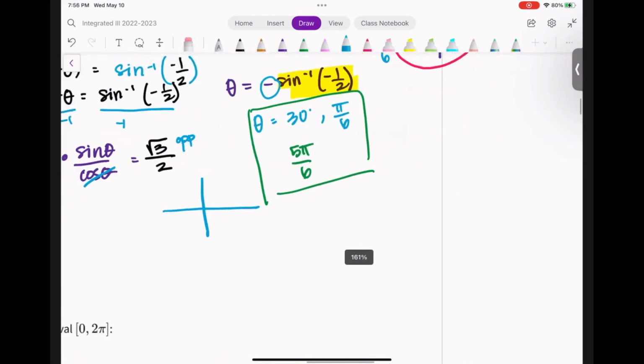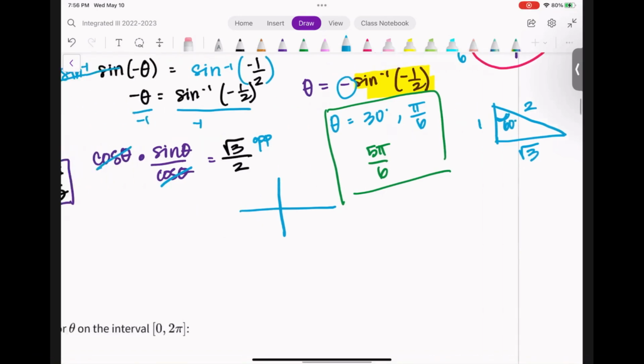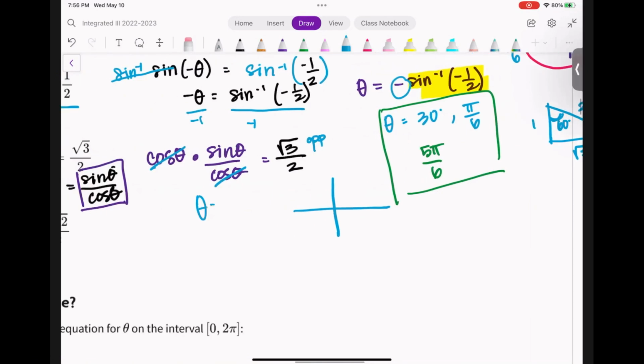Let me just draw a picture over here. This is 1, 2, root 3. So we're actually looking at this angle here. That's the 60 degree or pi over 3. So the theta that we're looking at is pi over 3.